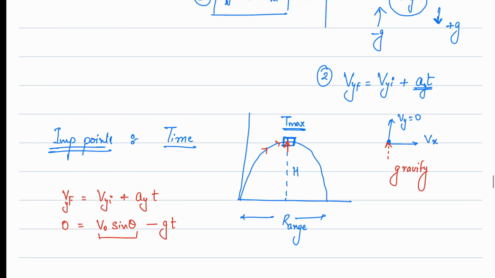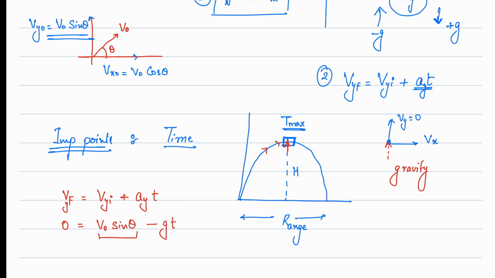Okay, I will draw it here for you so that you can understand. Let's say whenever you throw something, it makes an angle theta. This velocity is called v naught, initial velocity. It has two components. Along the x-axis, vx naught is equal to v naught cosine theta, and this is your vy naught, which is equal to v naught sine of theta.